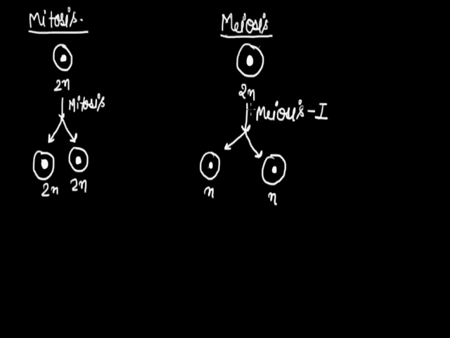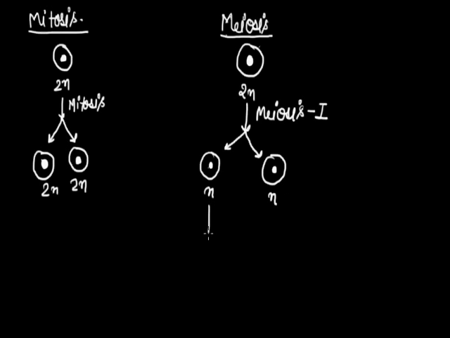This is 2N here, while this is going to divide into two daughter cells. This one will get half of the mother cell chromosomal number, and the second daughter cell will get the rest of the half. So right now this diploid cell has been converted into two haploid cells.